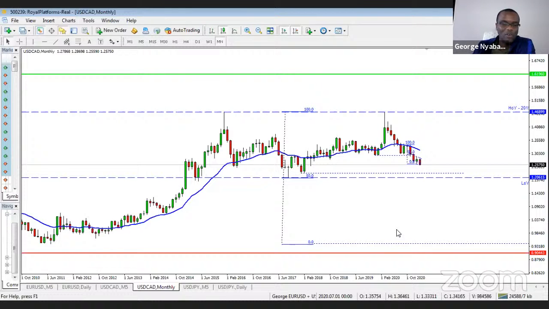You've heard of that term, I hope, fractal. Markets are fractal, which means whatever pattern that you see occurring on any chart, it will repeat itself. So whatever we're talking about on the monthly, just bear in mind it's something that you can see on the 4 hourly, on the hourly, on the 5 minute.